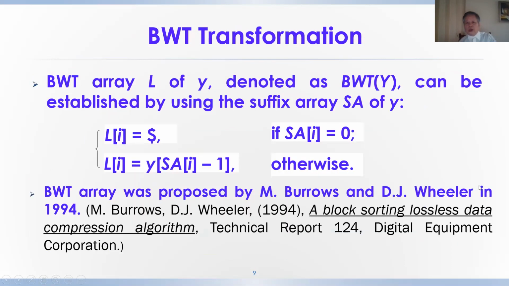as shown here. The second technique is the BWT transformation, by which we will transform the target string to a BWT array by using the suffix array of the target in terms of this formula. That is, we'll first generate the suffix array of the target string by using the relationship between the target, the suffix array, and the BWT array to generate the BWT array for the target.